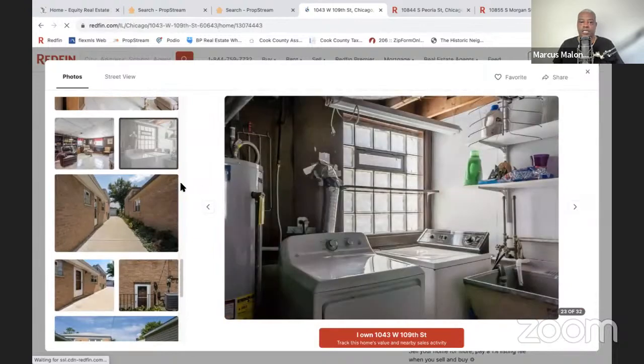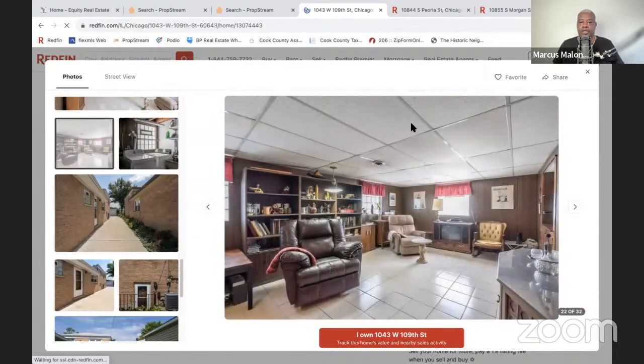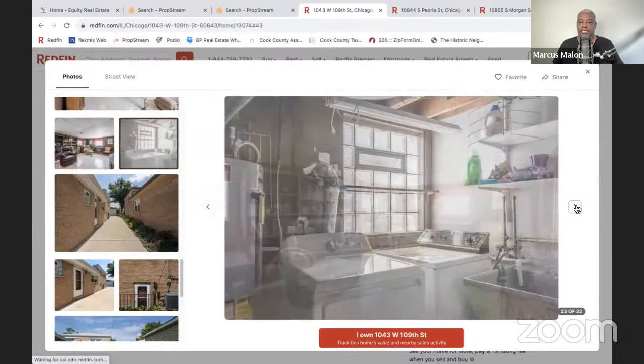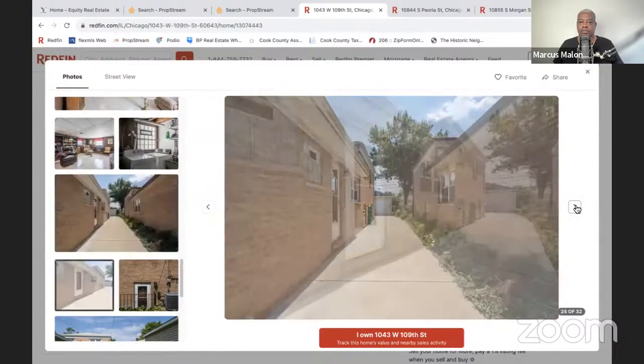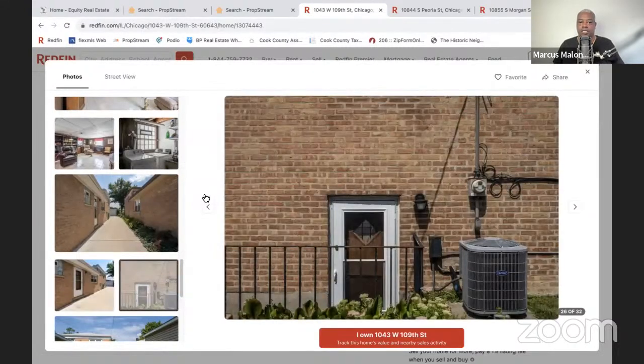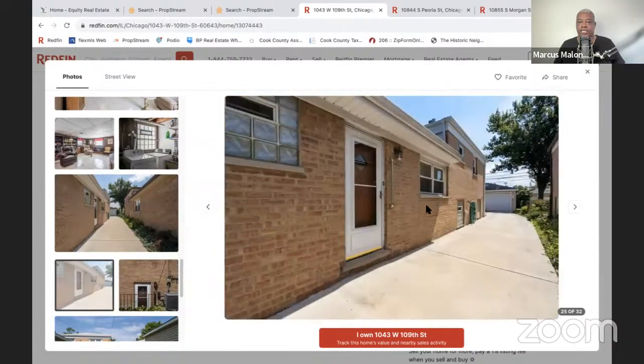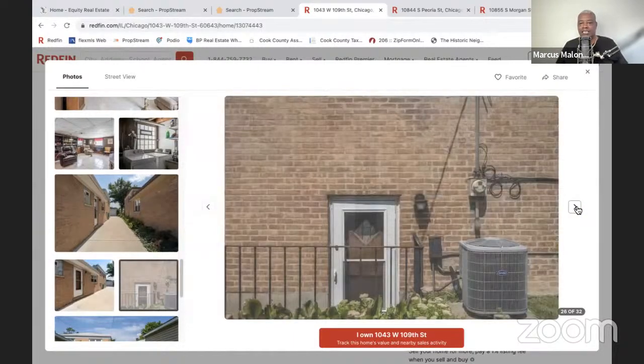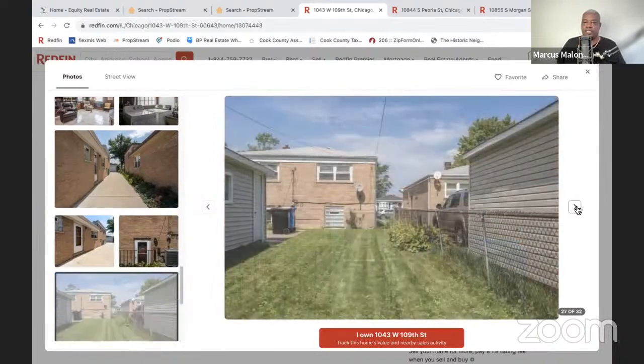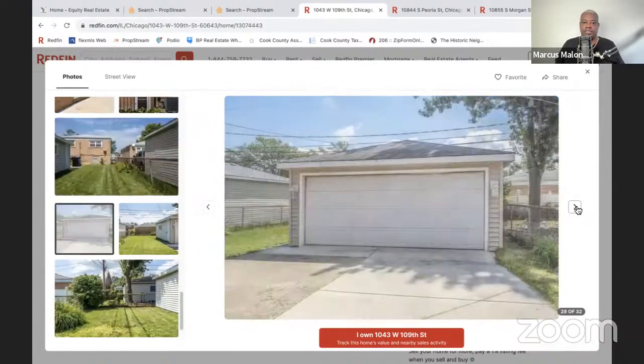Basement is finished with drop ceiling, which is not ideal. It's clean. Also, this is a quote unquote tri-level. You have steps up and steps down, which is not ideal for older individuals with the numerous steps.